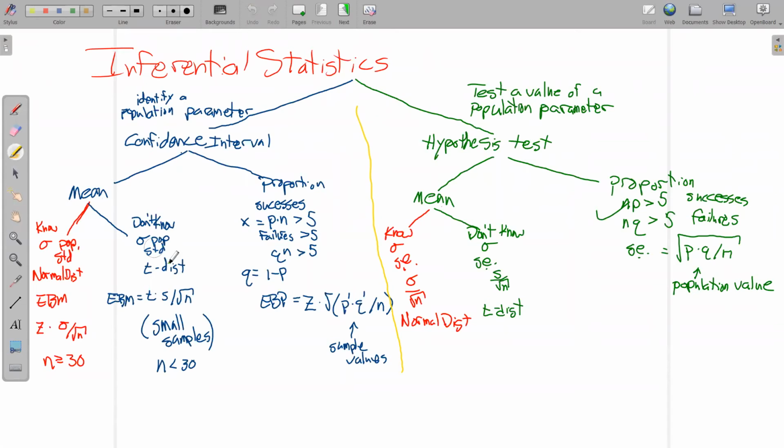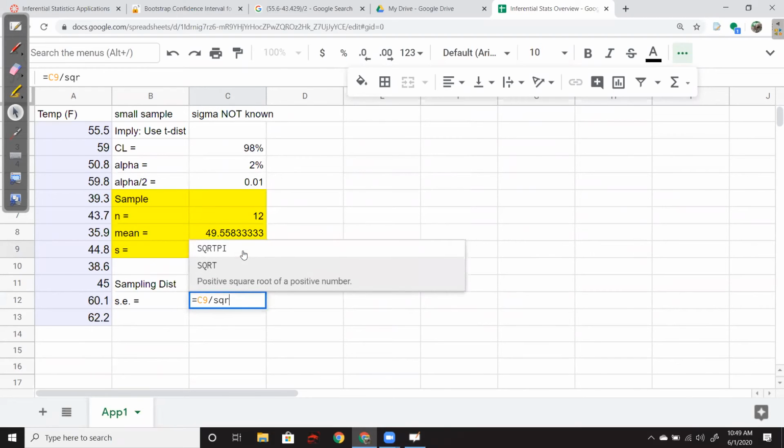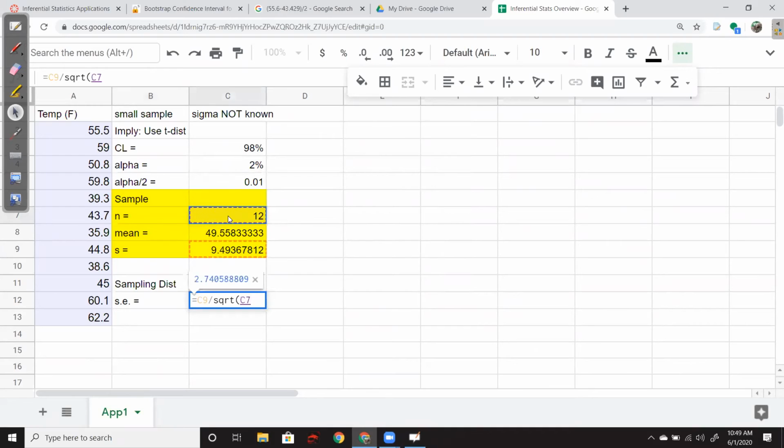Let's highlight that. And then we have to calculate the t-score. All right, so the standard error here is going to be the sample standard deviation divided by the SQRT of the sample size there.